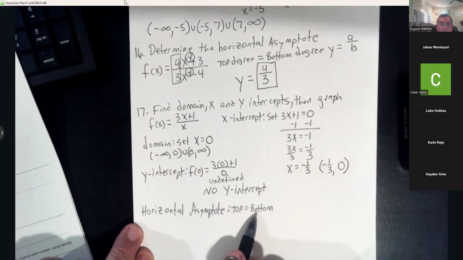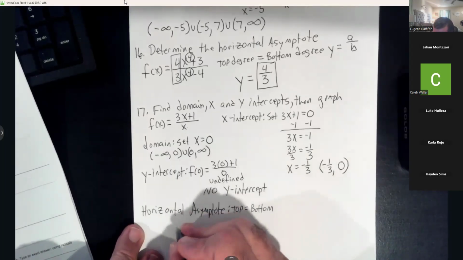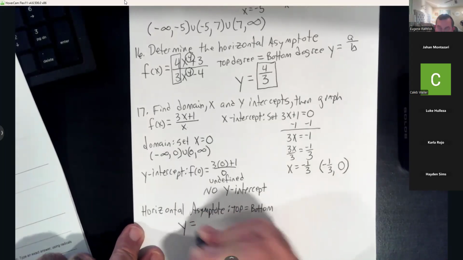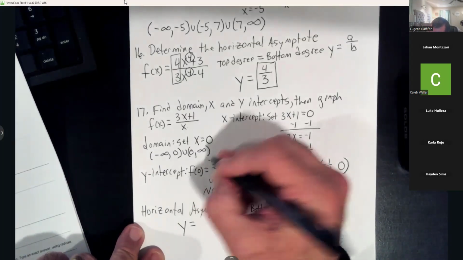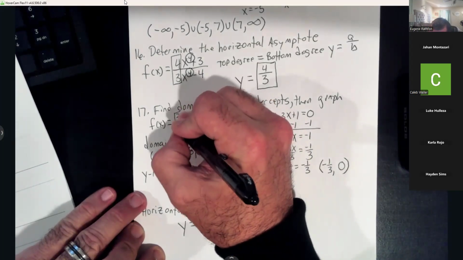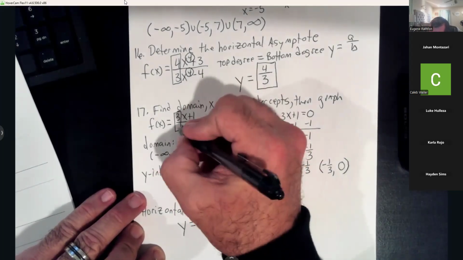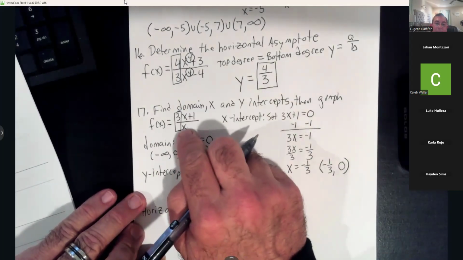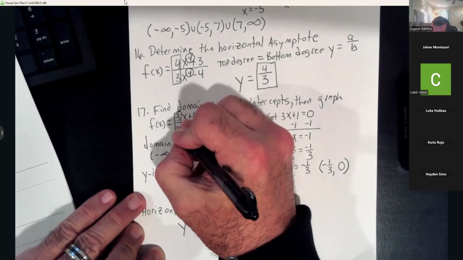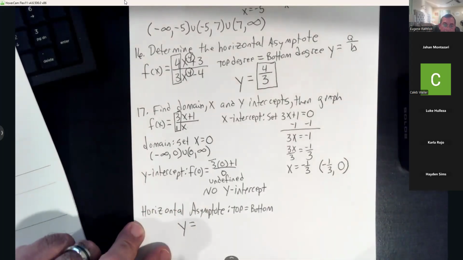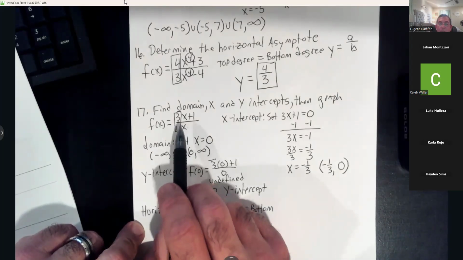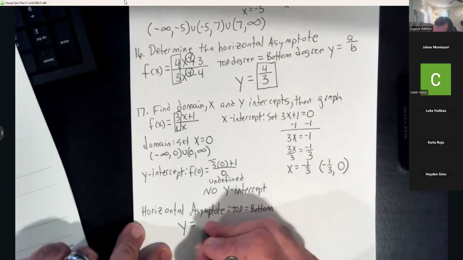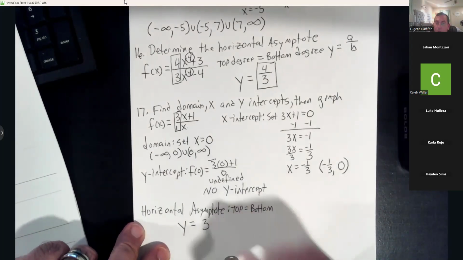So since the top equals the bottom, my horizontal will be my a over b, where a and b are these numbers. Now this x doesn't have a number in front of it, so you would treat that like a 1. So my horizontal asymptote is 3 over 1, but y'all, that would simplify to a 3.